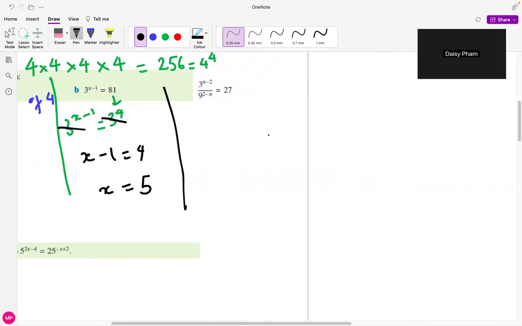All right. And on the last example, I pretty much do the same thing. So what I have here is 3 to the power of n minus 2 divided by 9 to the power of 2 minus n equals 27. So I'm going to make the 9 and the 27 to the power of 3, right? So what I have is 3 to the power of n minus 2, I write again. And then 9, you're going to write as 3 squared.